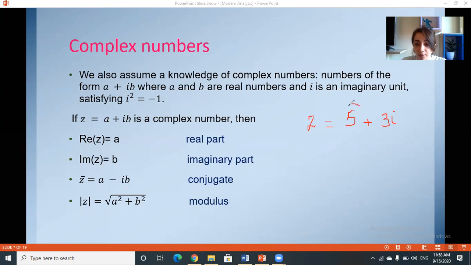The real part is 5. This is the real part. Okay. The imaginary part is 3. This is the imaginary part. And the conjugate, we write it like that. The conjugate is 5 minus 3 times i.